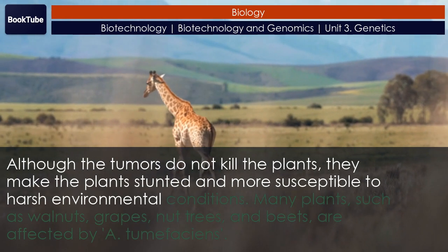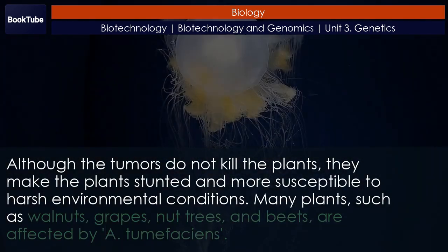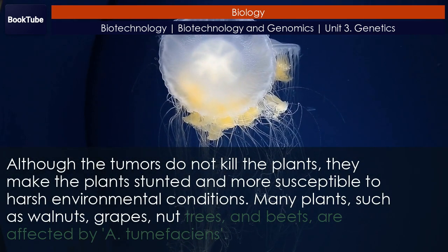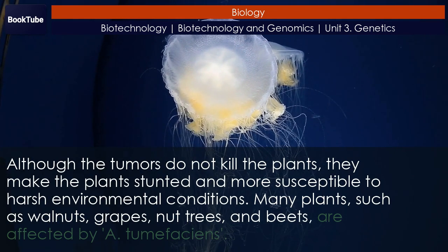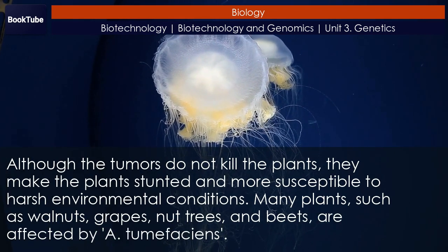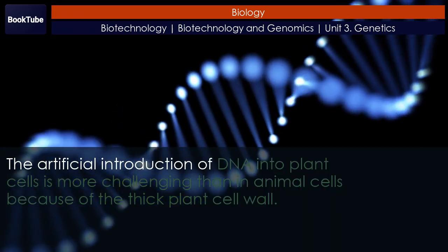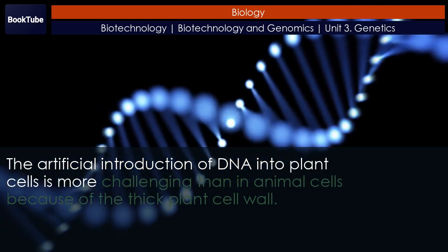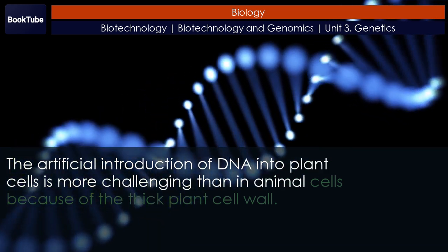Many plants, such as walnuts, grapes, nut trees, and beets, are affected by A. tumefaciens. The artificial introduction of DNA into plant cells is more challenging than in animal cells.